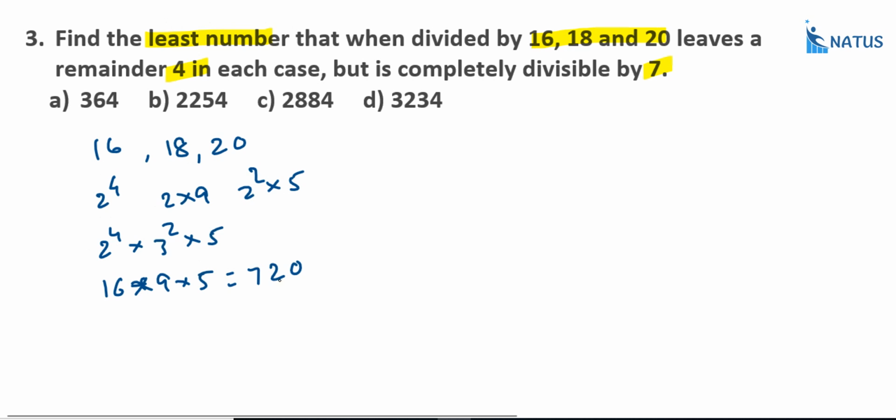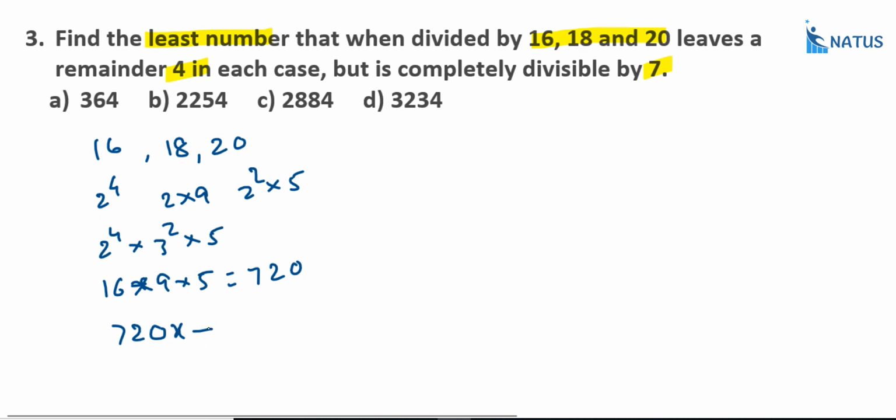Now suppose you divide 720 with any one of these numbers, the remainder is 0. What is the next number which is exactly divisible by these numbers? That is 720 into 2, then 720 into 3, 720 into 4. All multiples of 720 are exactly divisible by these three numbers. So let us take that number as 720x.